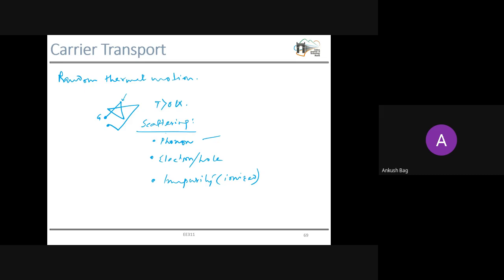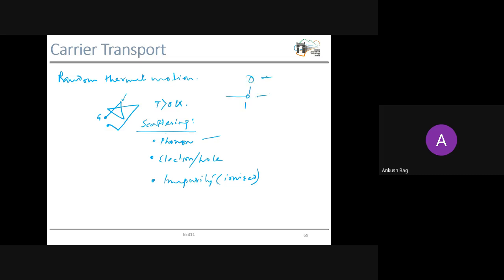Now if we heat up the semiconductor, what will happen? The atoms will start to vibrate, and those vibrating atoms can be the cause of this scattering.